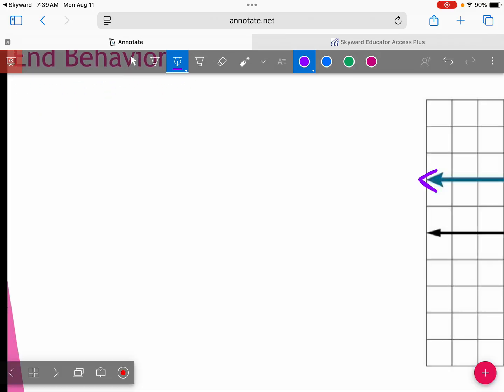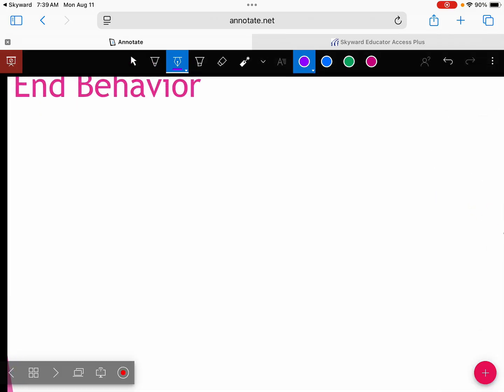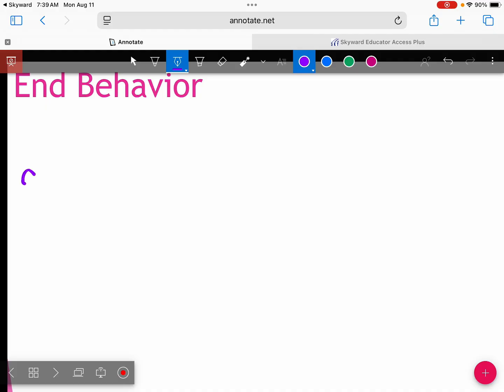So the way we would write that as our kind of math sentence here is as x approaches negative infinity, so that's my left arrow. X approaching negative infinity tells me left arrow. My y, and we still put the little arrow, my y is looking at 2. It's stuck at 2. It's not changing.